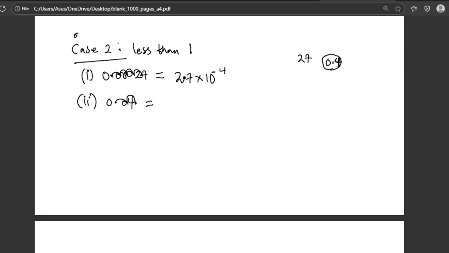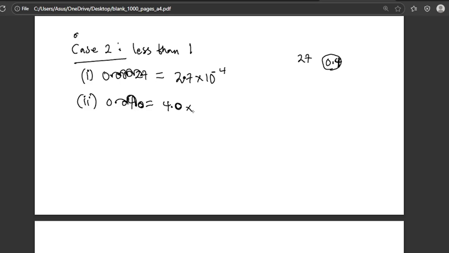And you can see 0.4 is less than 1. That's why I have to take the decimal point out here, right? So that I would have 4.0. Once the decimal point is here, I can include 0, 4.0, which is now between 1 and 10. So the goal is just to make the number between 1 and 10.